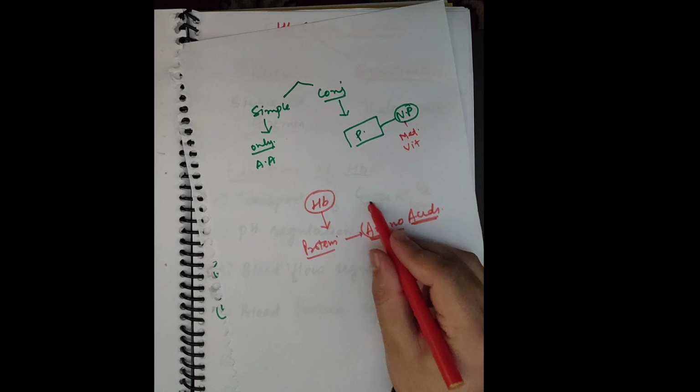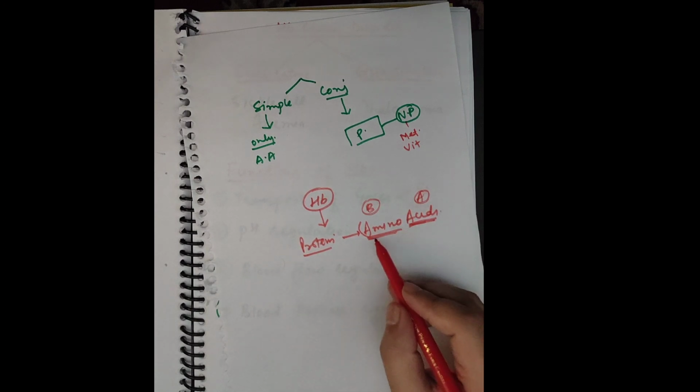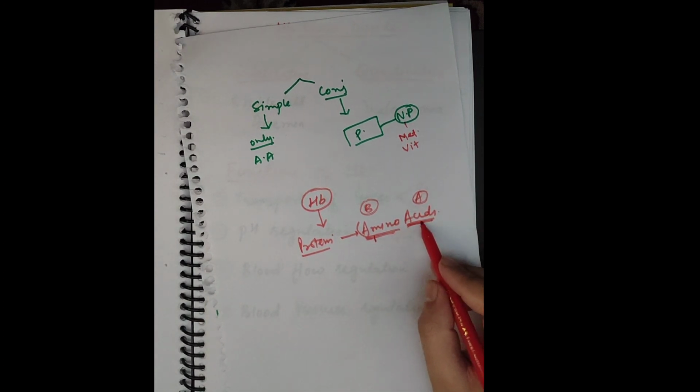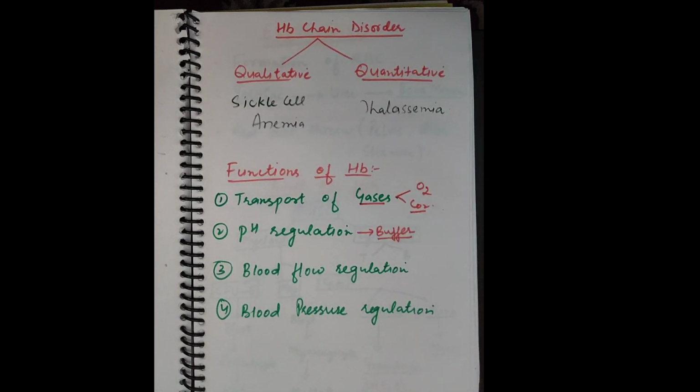Amino is the basic group and acid is the acidic group. So if the blood has more acid, it is going to react with the base part, and if the blood has more base, it is going to react with the acid part. So hemoglobin buffers both actions. It can react with acid, it can react with base, and it prevents the pH from changing. So it regulates the pH of the blood.